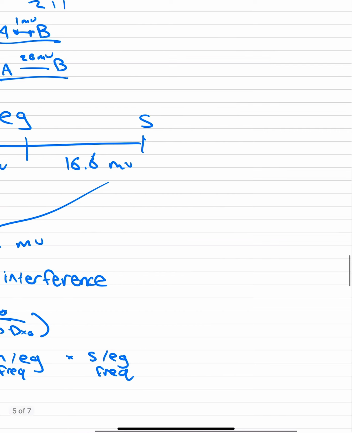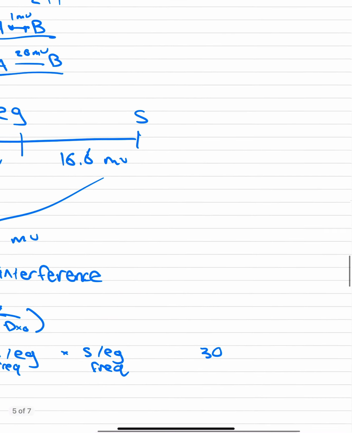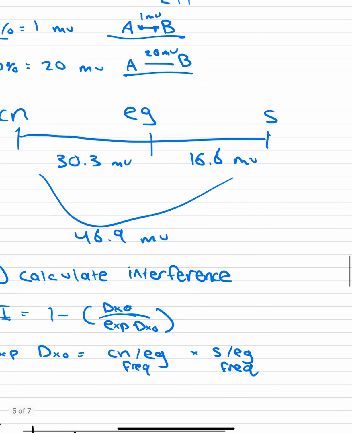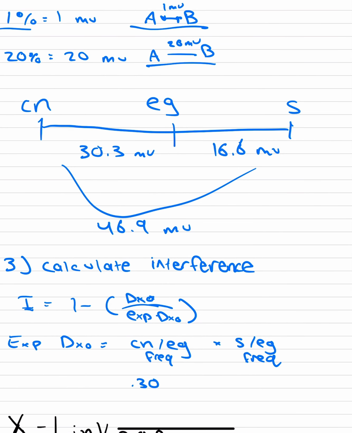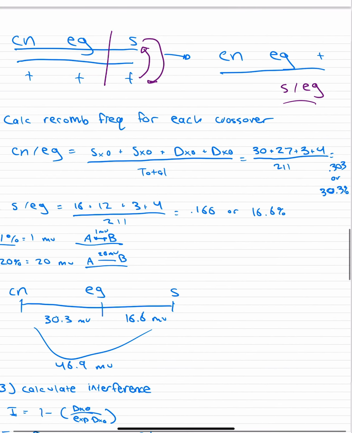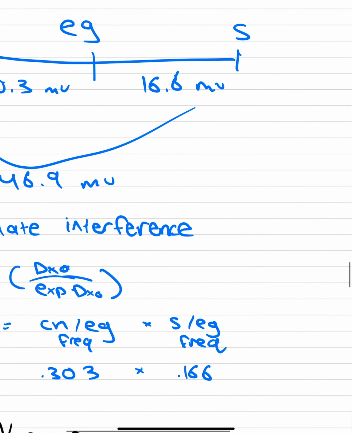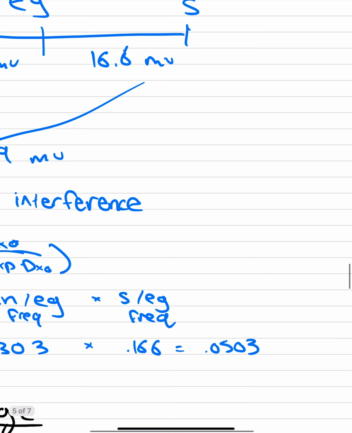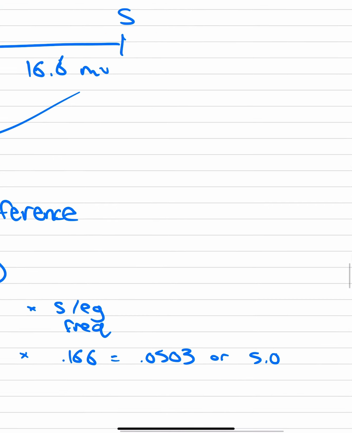In this case, CN and EG is 30.3 map units, or 30.3 frequency. But if you were to write that down as a recombination frequency, in a frequency, it's 0.303 times 0.166, which is just the original numbers that we got here, and that equals 0.0503 or 5.03%.